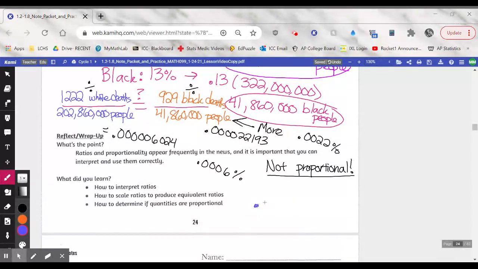We can take the top number as the decimal that we got for the Black population over the decimal that we get for the white population. And you could divide those to see how many times more likely it happens in the Black population.